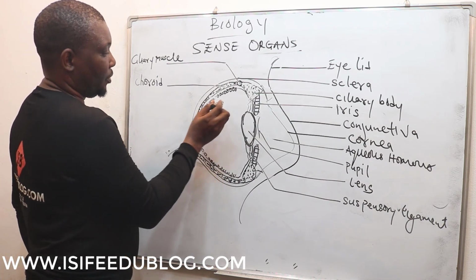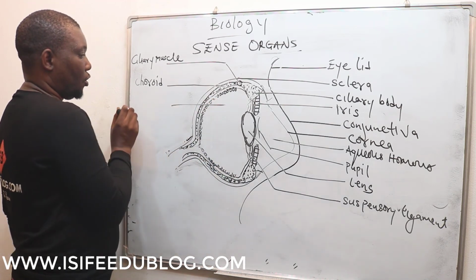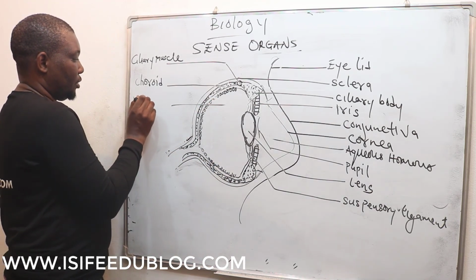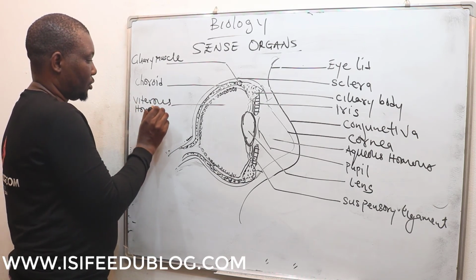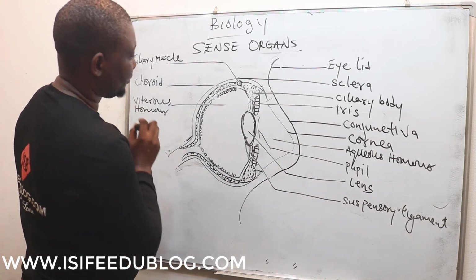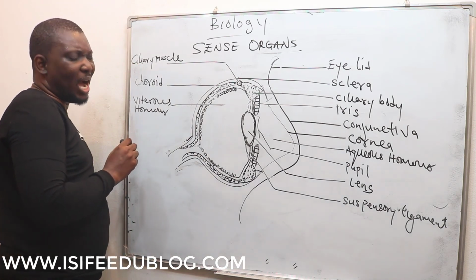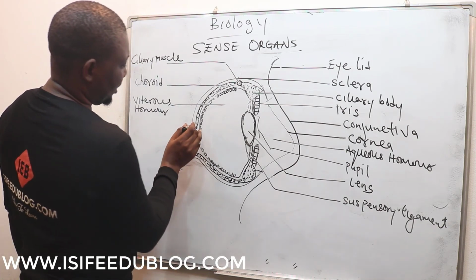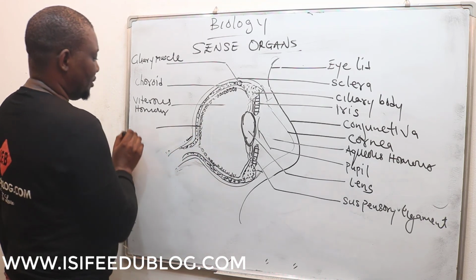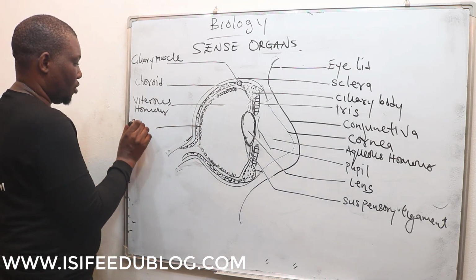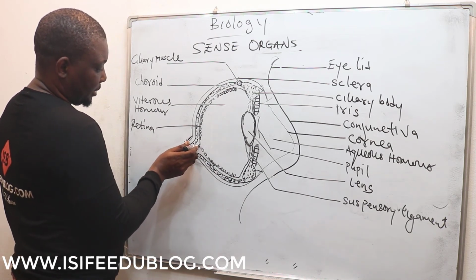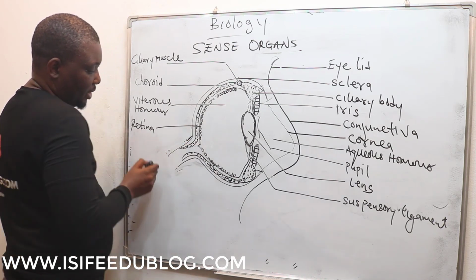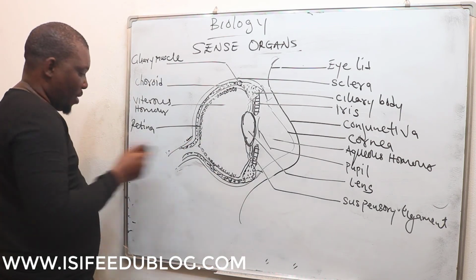Inside this eyeball, there's a solution there called the vitreous humor. Okay. Now there's a very important part of the eye which we have not labeled, which is the retina. There is a place, a hole, that is leaving the eye from the eyeball, going away from the eye.